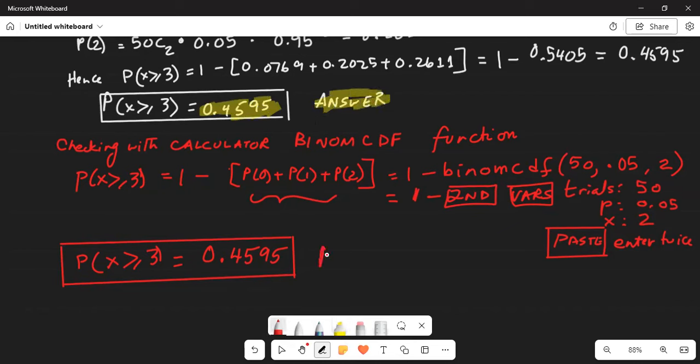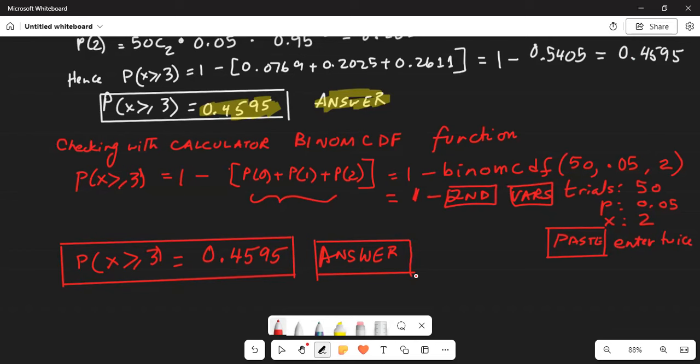Which technique should you use? If you have the TI-84 calculator, you can use the calculator method without any hassle. And if you want to learn the formula, you can use the formula method.